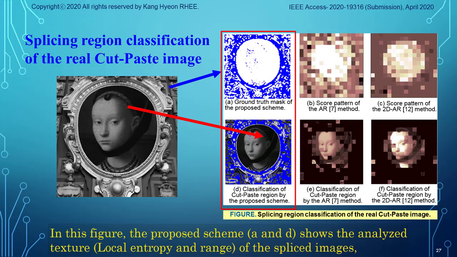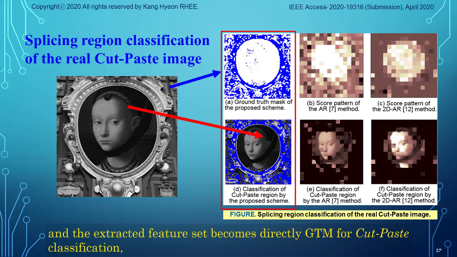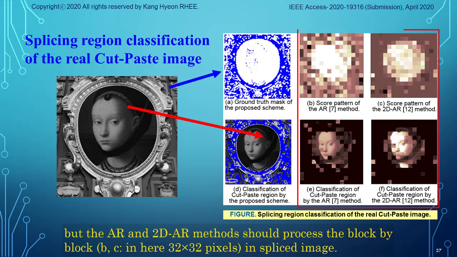In this figure, the proposed scheme A and D shows the analyzed texture, local entropy and range of the spliced images, and the extracted feature set becomes directly the GTM for cut-paste classification. But the AR and 2D AR methods should process block by block B and C, here 32 by 32 pixels in the spliced image.